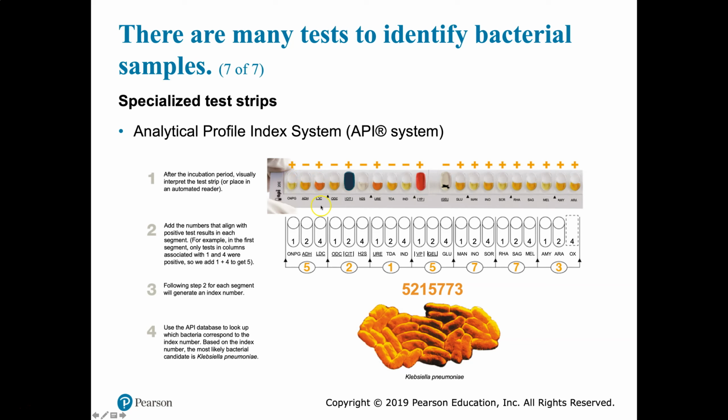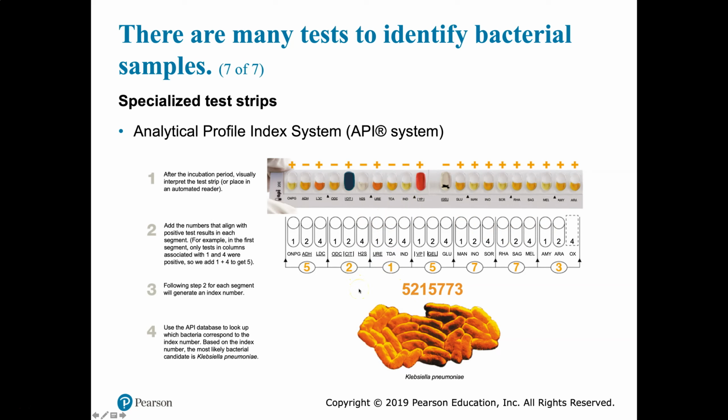We take the two positives, we add them together, there's our first digit. Then the next three, 1, 2, 3, we only have one positive, and that value is 2. So we get a 2. And so on and so forth. And eventually you get a 7-digit code.